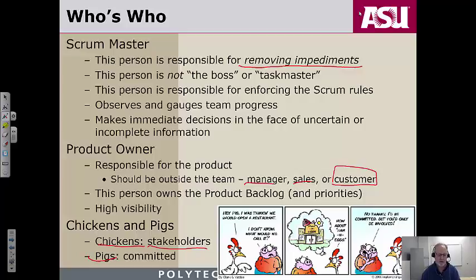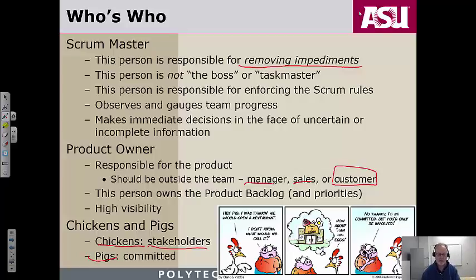In an organization, a stakeholder might be a salesperson who's looking to sell the product when it comes out. It could be a support person or a support manager who knows that once this next increment is shipped, their organization will have to perform client support. Any number of folks like that.